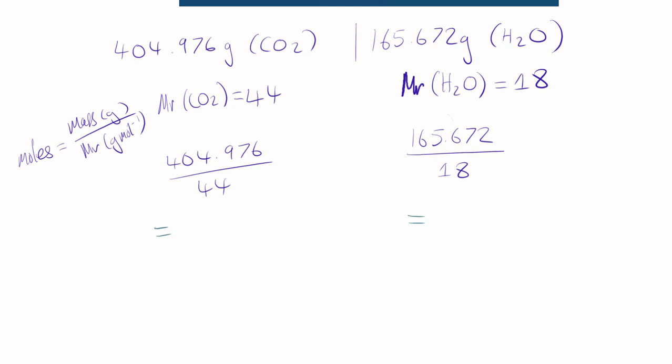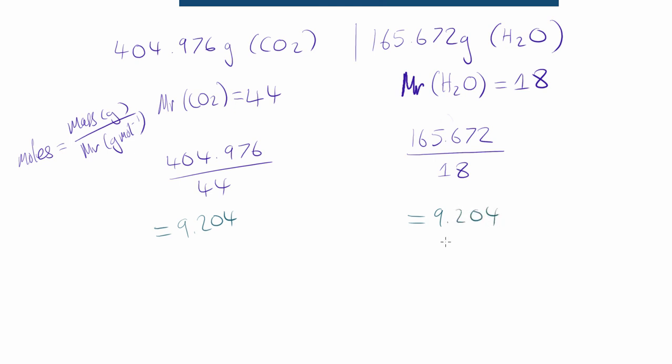Now, if you had a go at working it out on your calculator, what you should have found is that when you divide them by the respective numbers, here you get 9.204, right? And here you also get 9.204.